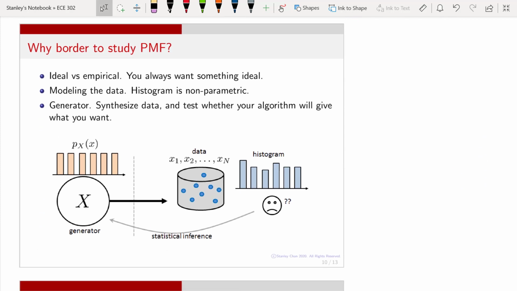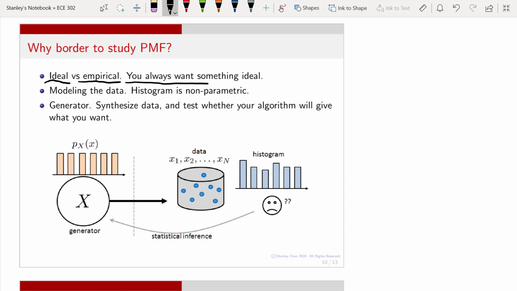So you may wonder, why should we study probability mass functions? The key difference is between this ideal histogram versus what we call the empirical histogram. The ideal histogram is the histogram of the random variable, which is the PMF. The empirical histogram is the histogram you get from the Excel spreadsheet based on a finite collection of data points.